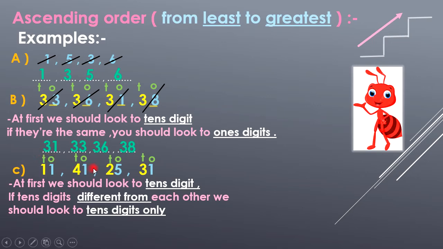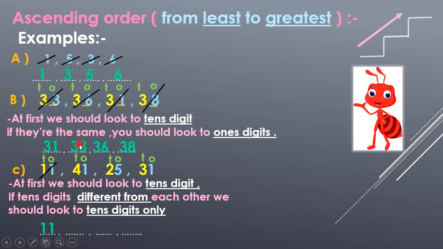Okay, they are different. So now we will look to tens digit only. Which one is the smallest number in tens digit, in tens home? Yes, 11. So I cross 11 and put 11 here.